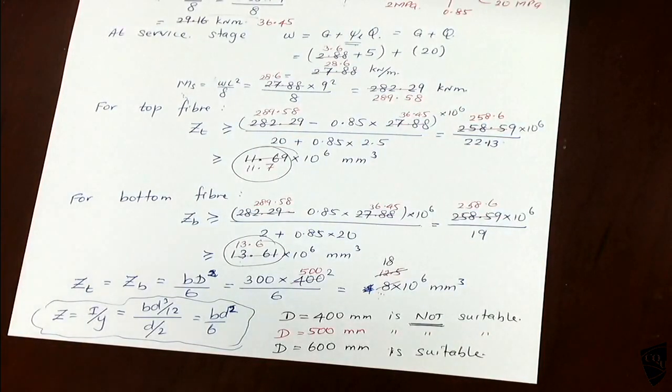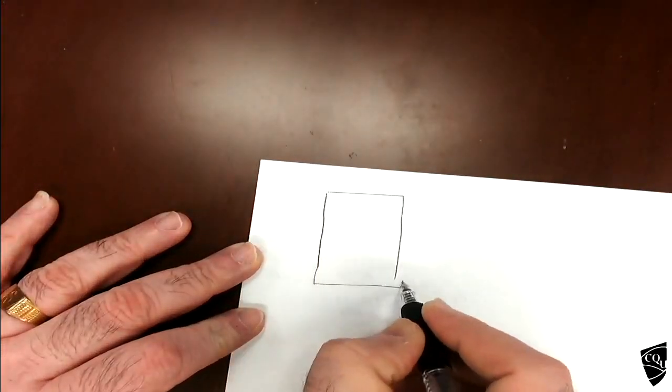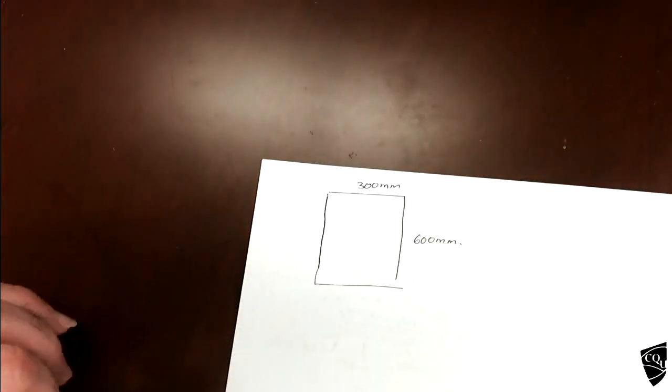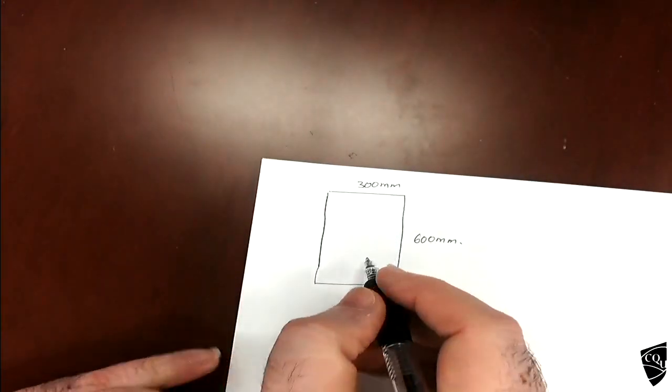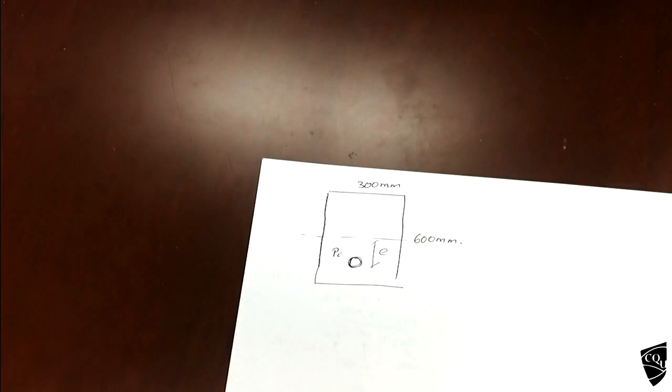Okay, so now we have the section. If we have this section, now the question is we need to find out, for the simply supported beam, I already derived the inequalities.